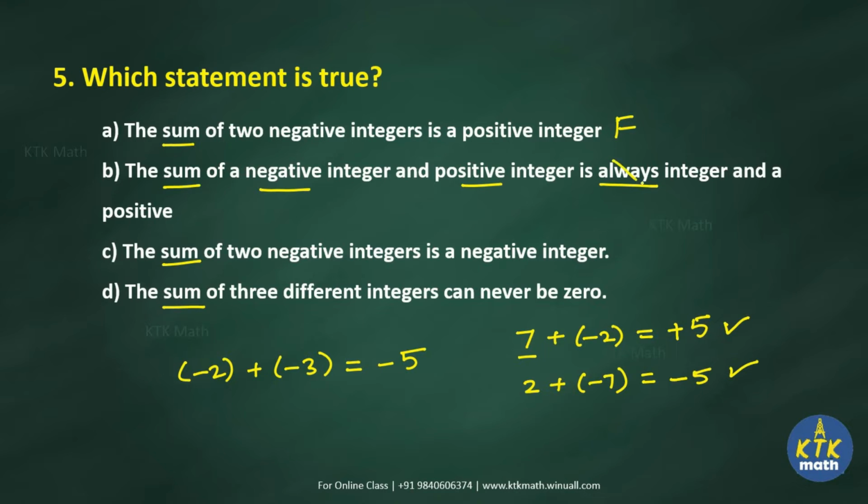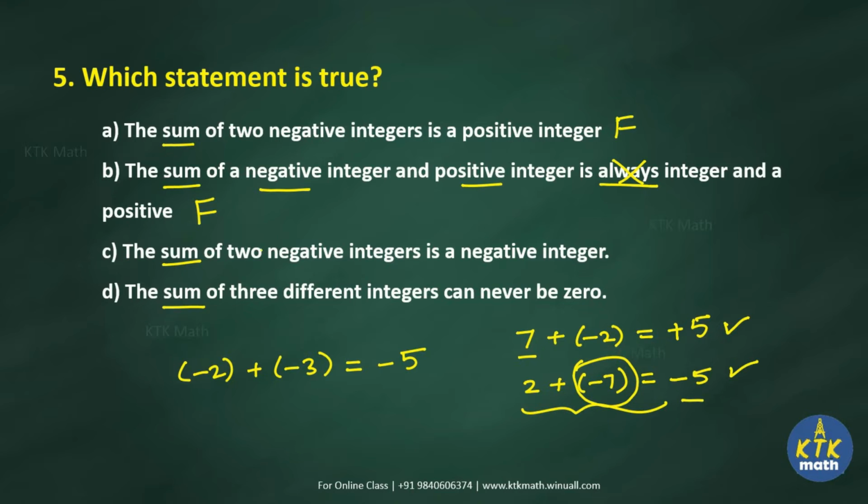You are not going to get always positive. Like in this second example, the greater number is negative, so your answer is negative. We cannot say it is always going to be positive. It can be either positive or negative based on the greater number's sign. Therefore option B is also false.